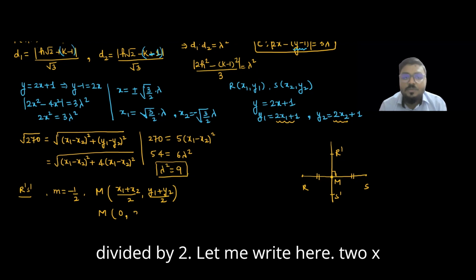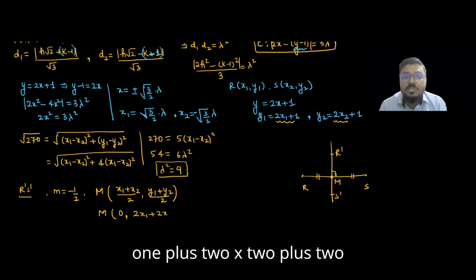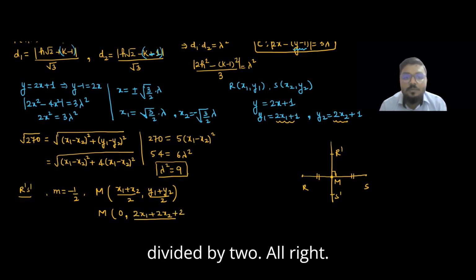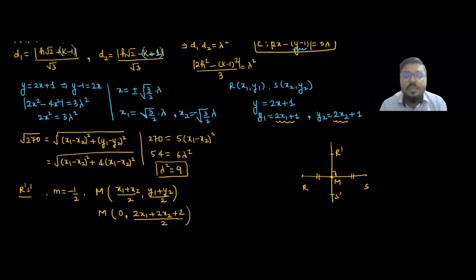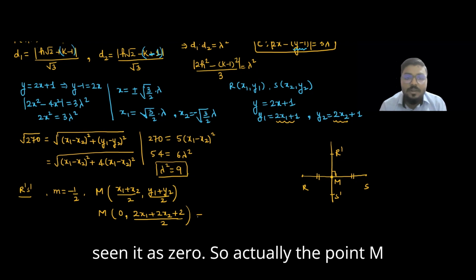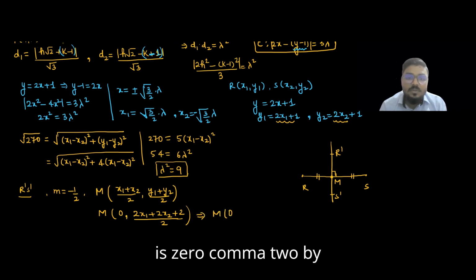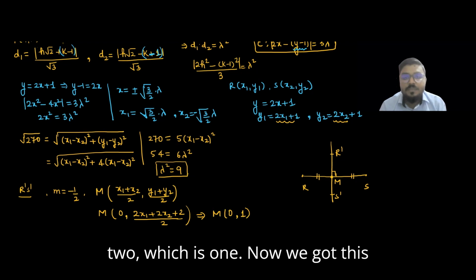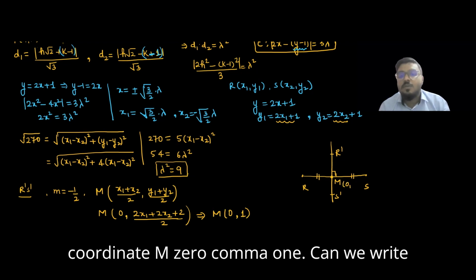And x1 plus x2, we have just now seen, is 0. So actually the point M is (0, 2 by 2), which is 1. Now we got this coordinate M (0, 1).